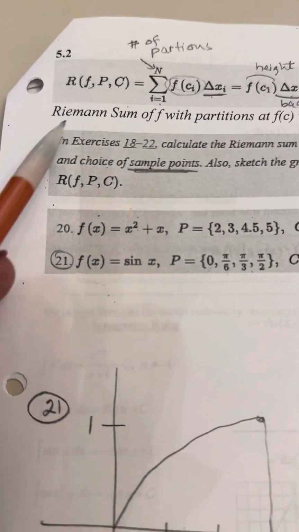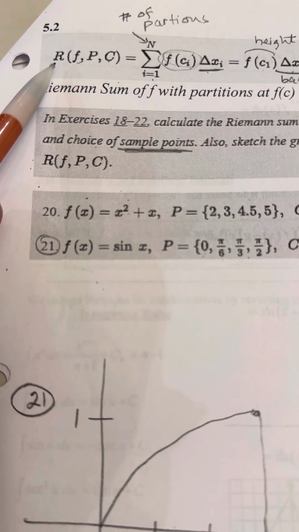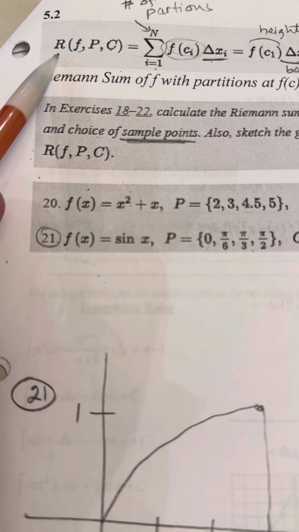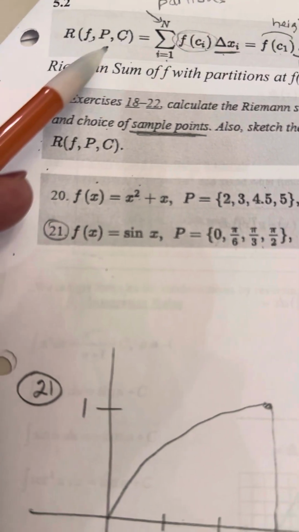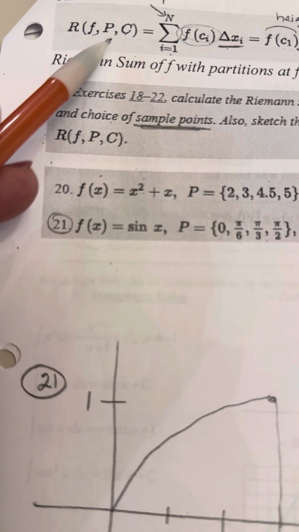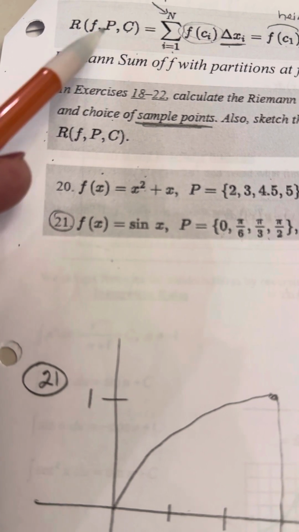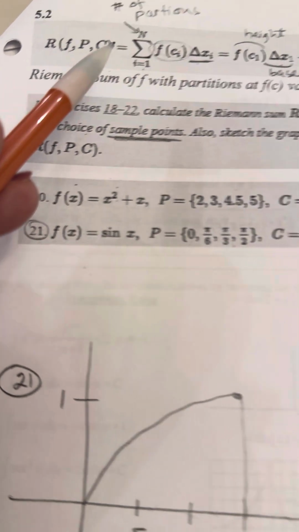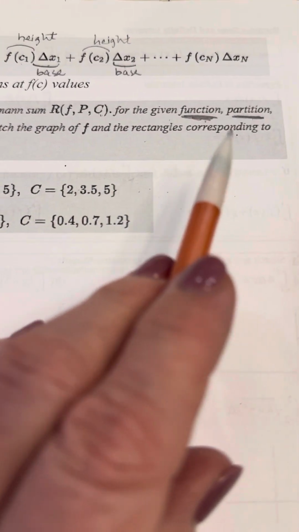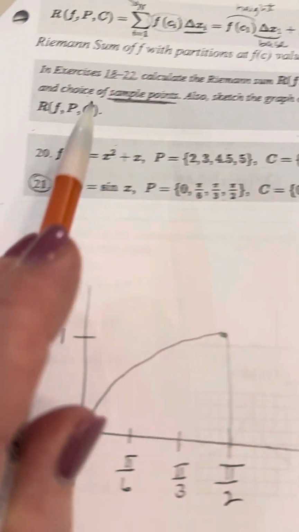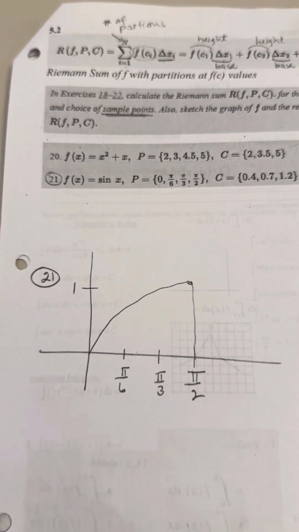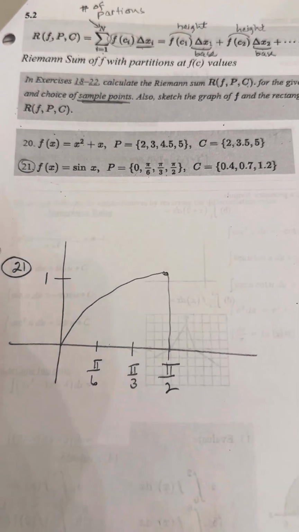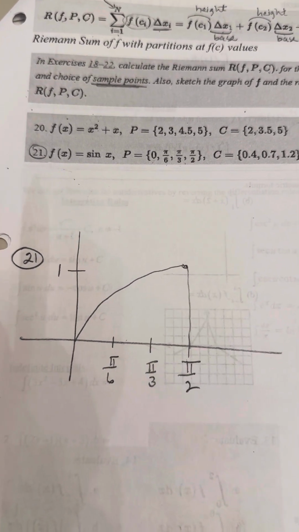And so in this notation, we're dealing with the Riemann sum of the function f with partitions, p, or points, and c stands for the choice of sample points. So in the problems you run into like this, they're actually giving you the points that they want you to use.